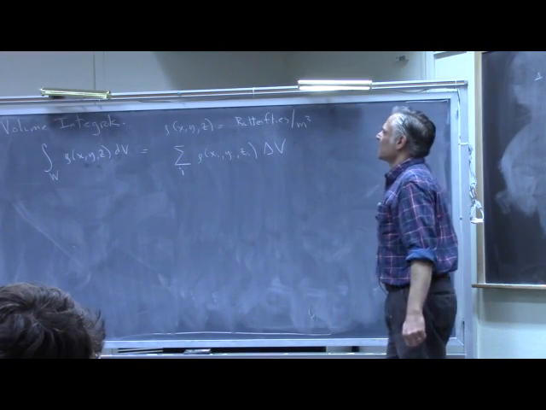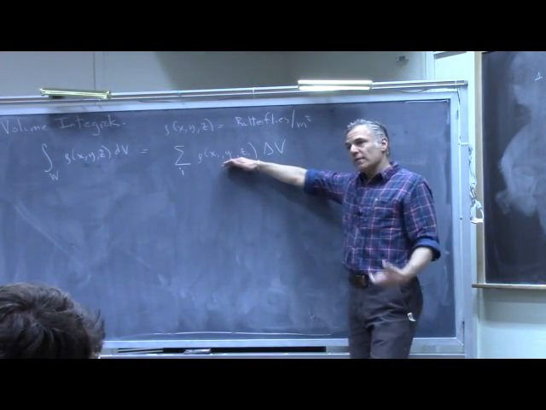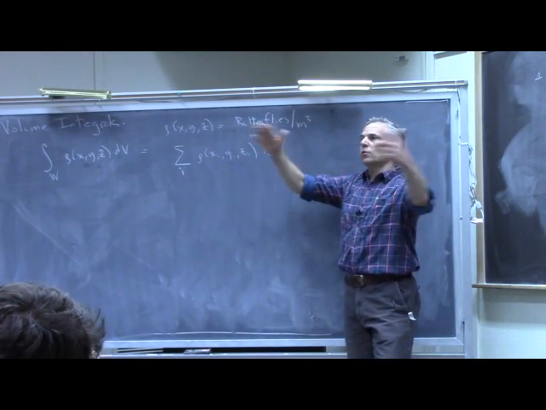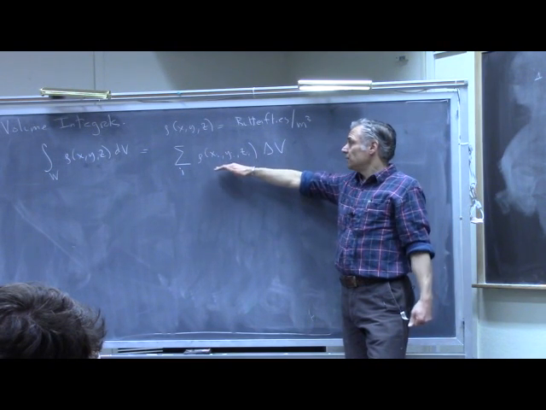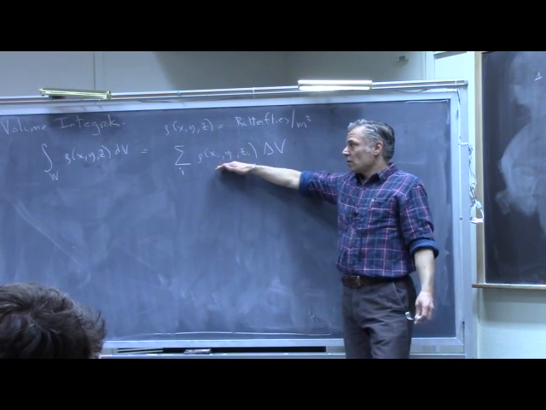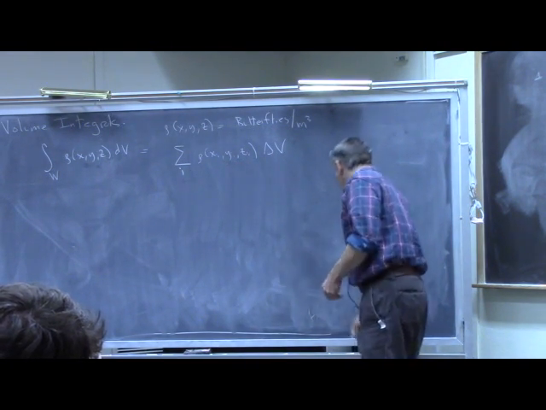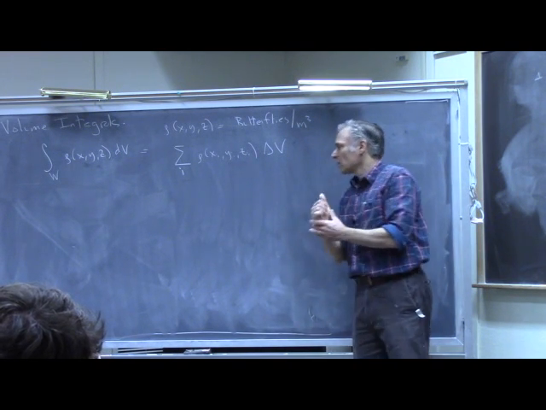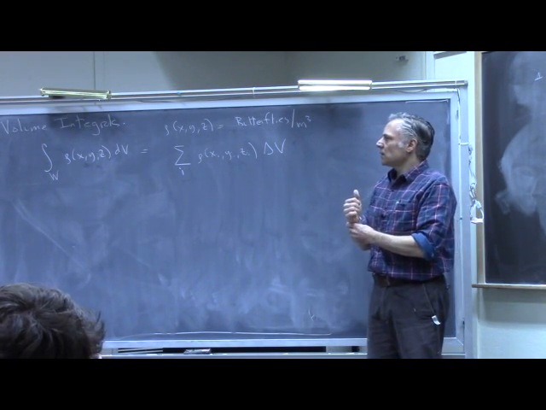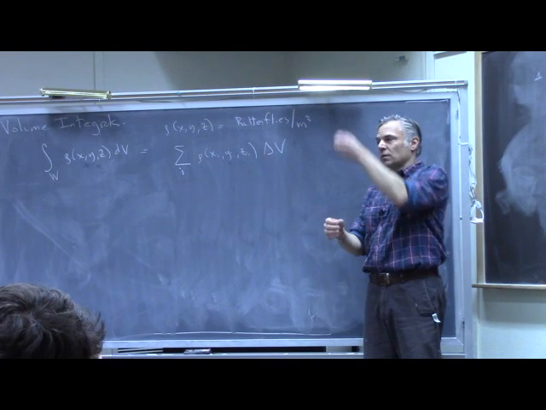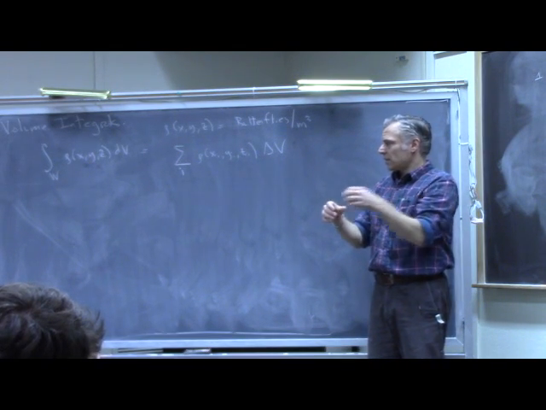And so how do you actually evaluate one of these things? It's the same thing. You turn it into an iterated integral, except now you're going to have to deal with a z direction and an x direction and a y direction.